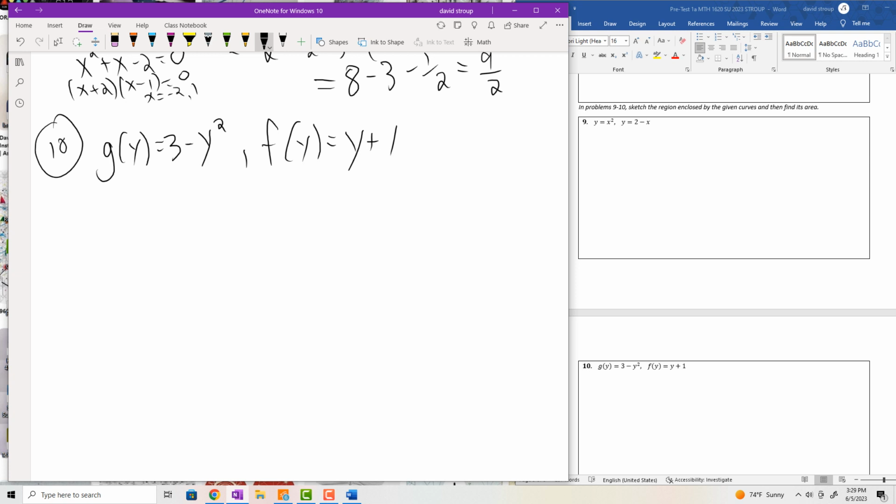For graphing something like x equals 3 minus y squared, you think of graphing y equals 3 minus x squared. Okay, so here's the graph of x squared. Negative x squared just rotates it about the x-axis, and then the 3 will shift it up 1, 2, 3 places.